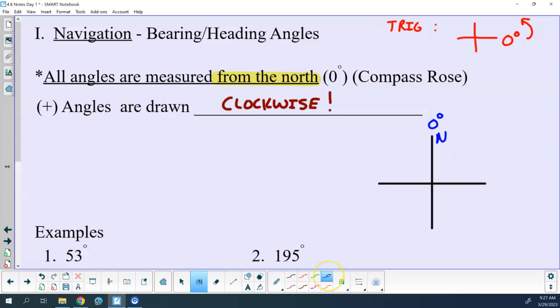So that means that east is now 90 degrees. Straight out to the right, instead of being 0 like in trig, is now 90 degrees.